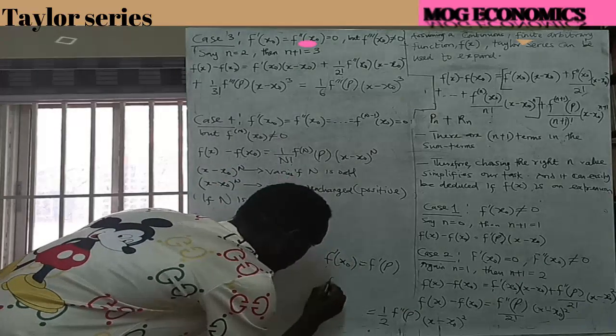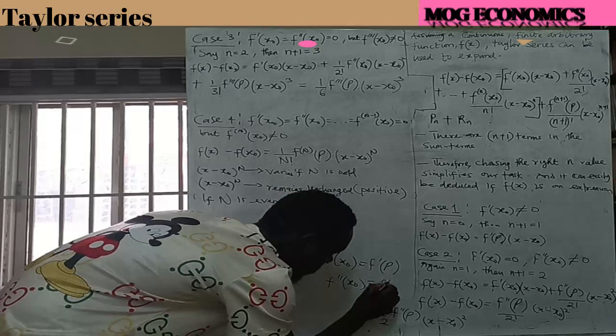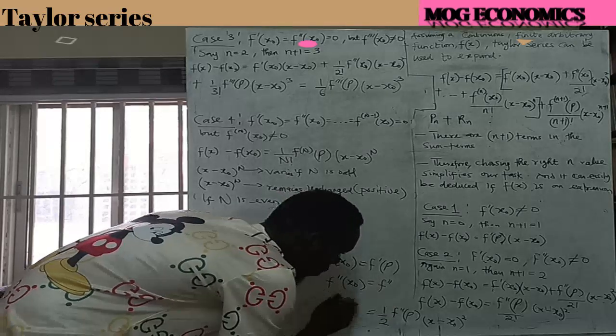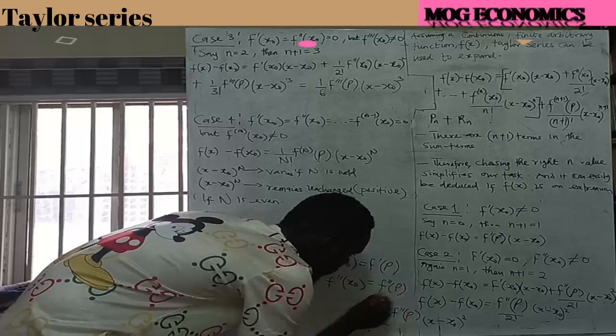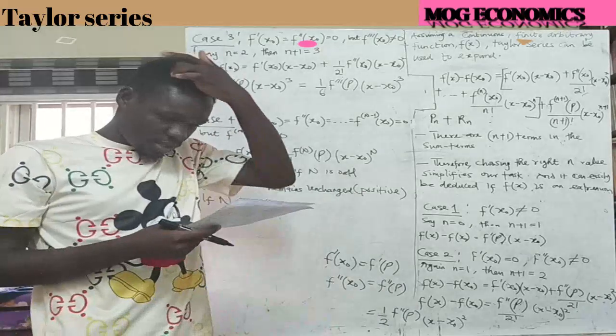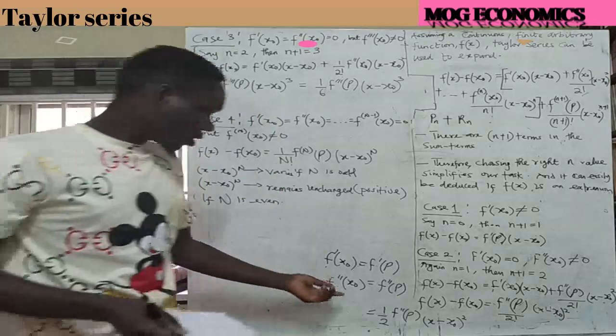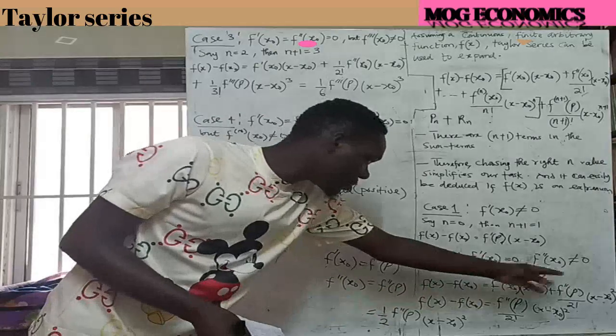Now again, this value here depends on the second order derivative of the actual function, because here we are also assuming that this is not 0.